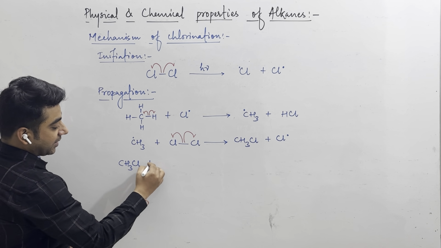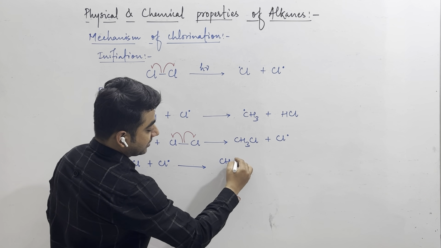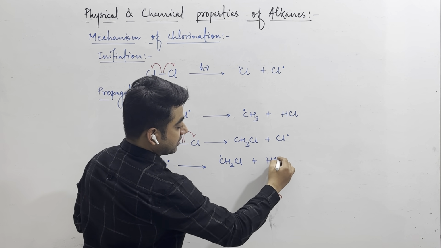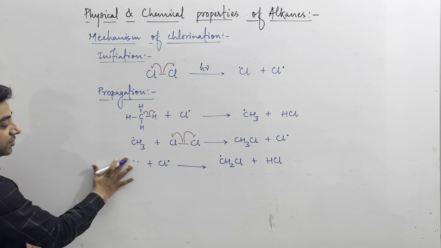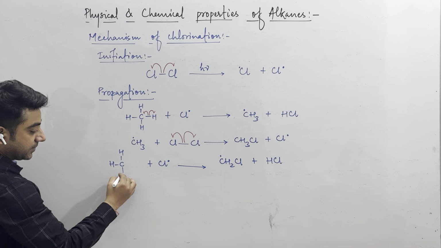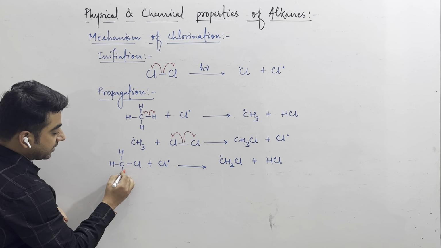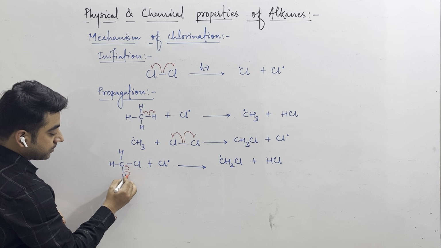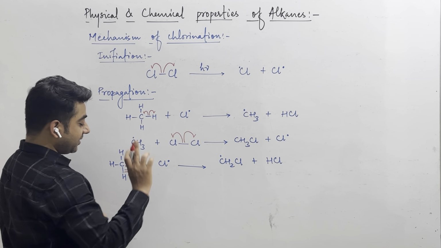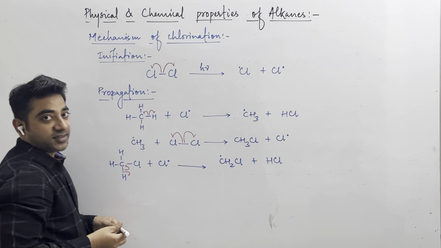Methyl chloride again on chlorine free radical reaction generates this free radical and HCl. Same way you can show the cleavage. If you want to show the cleavage here, you can write this molecule like here. You can show like this, and then you can show the homolysis occurring here. So this homolysis again generates CH2Cl free radical, and the hydrogen free radical which is formed here joins with chlorine free radical to give HCl.